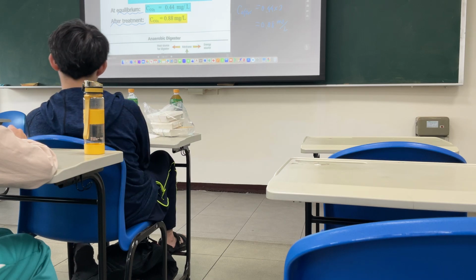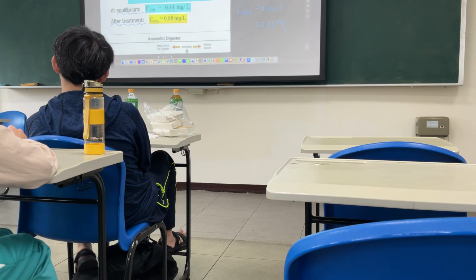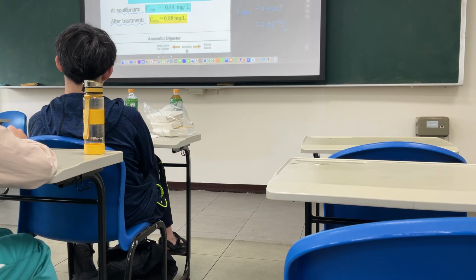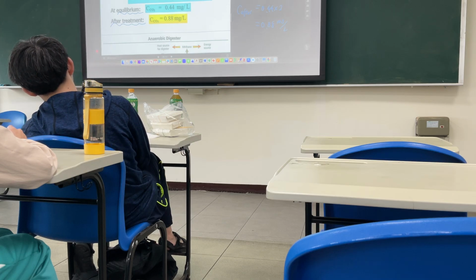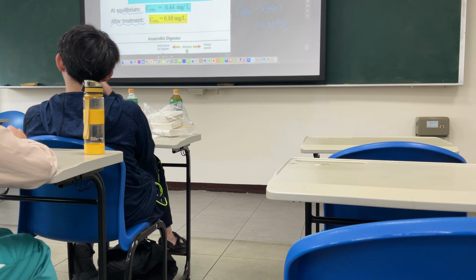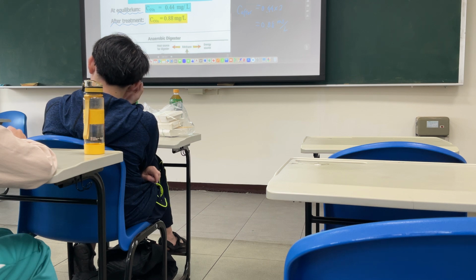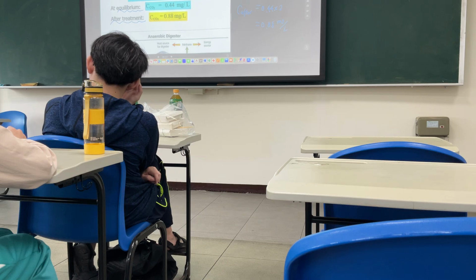For example, in this question, the tower is going to reduce the concentration to twice the equilibrium level. So after treatment, the answer will be 0.88. Okay, everyone?